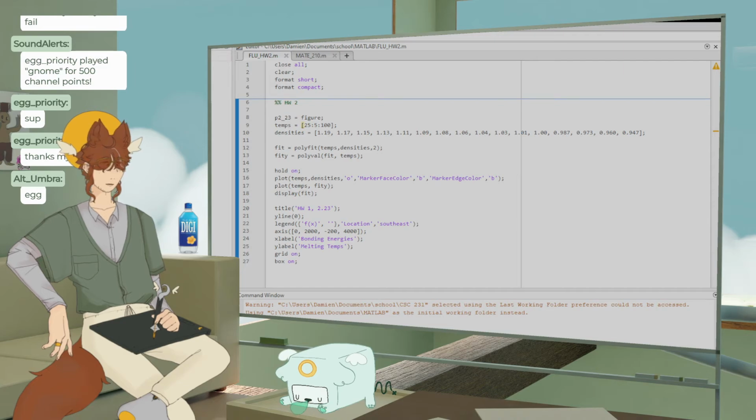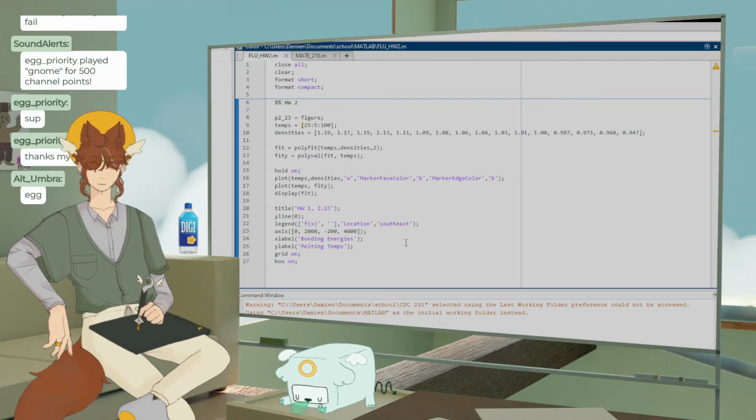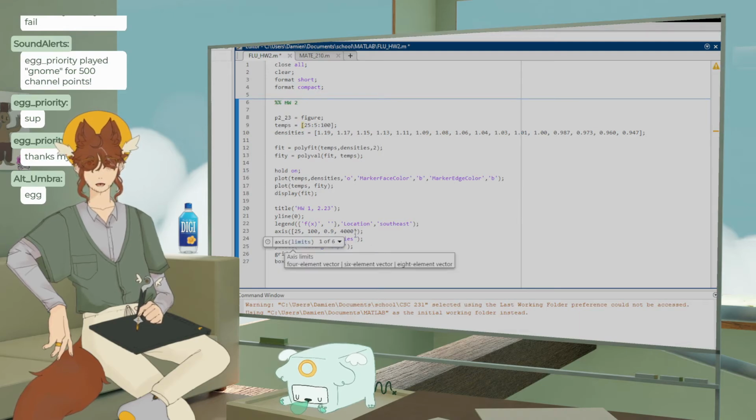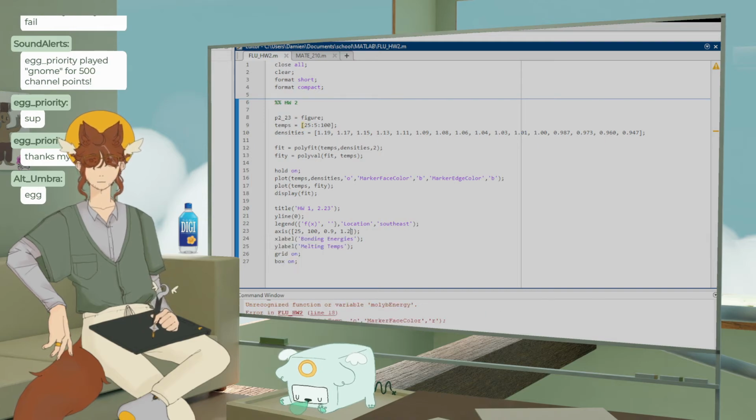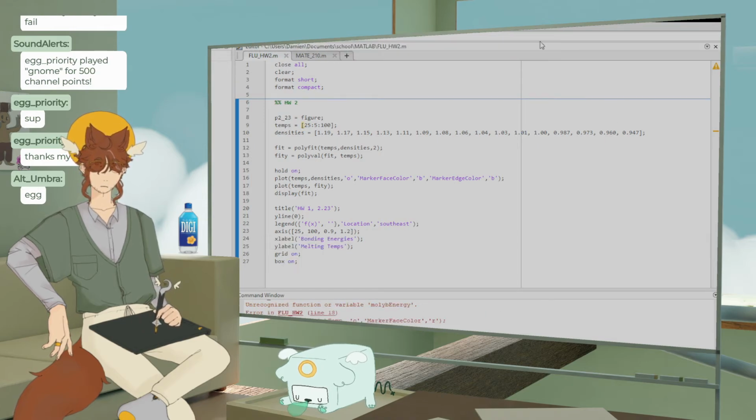Whoa. Oh, I put my axes weird. We'll have to fix that. I want from 25 to, I guess, 100. And then from like, I don't know, 0.9 to 1.2. Yeah, that's clean. Okay.